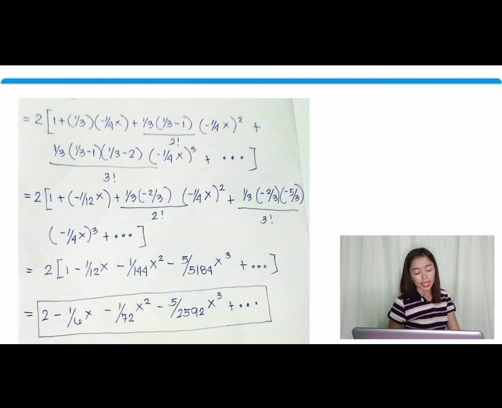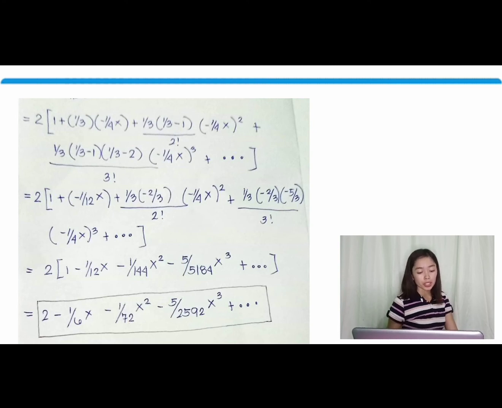Now, copy the 2. We have 2 multiplied by 1 plus the value of our k, which is 1/3, and the value of our x, which is negative 1/4 x, plus 1/3 times 1/3 minus 1 over 2 factorial multiplied by negative 1/4 x squared, plus 1/3 multiplied by 1/3 minus 1, multiplied again by 1/3 minus 2, over 3 factorial multiplied by negative 1/4 x cubed plus dot dot dot.